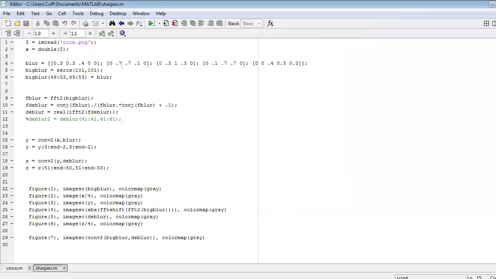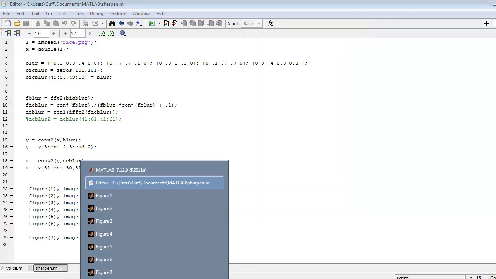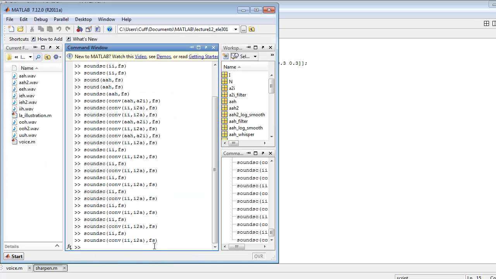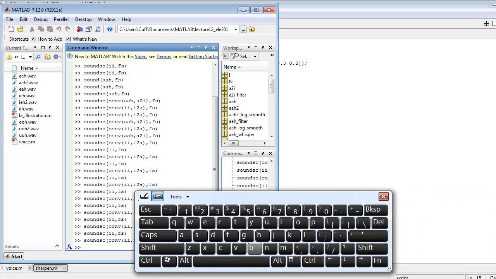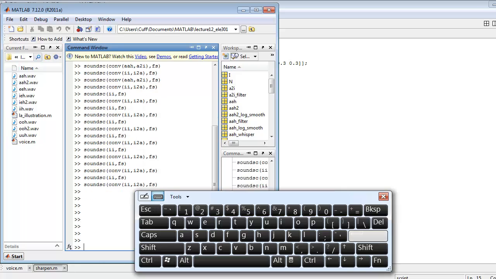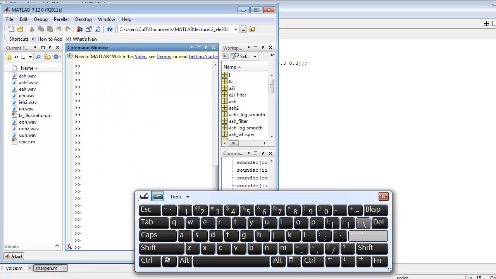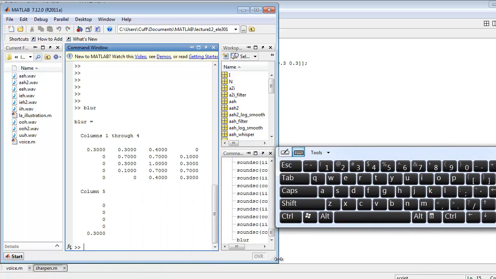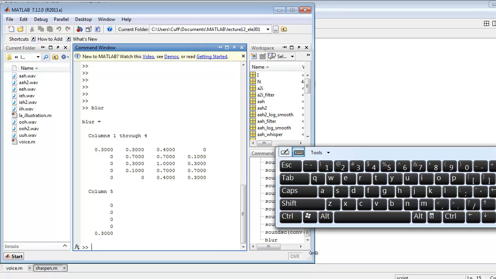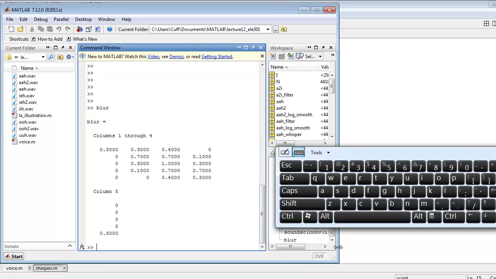So here I've constructed a blur matrix. Let me just show you what that is. Blur. Well, it's not very pretty when I don't make it wide.